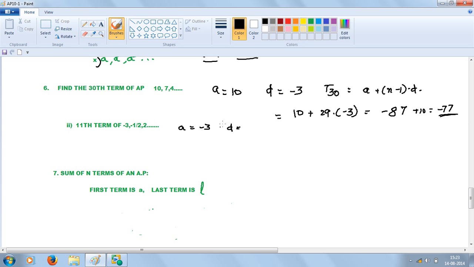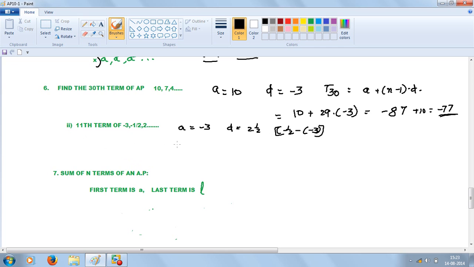It is minus half minus of minus 3, it is 2.5. So the difference is plus 2.5. The figure is increasing, so you have to add 2.5.